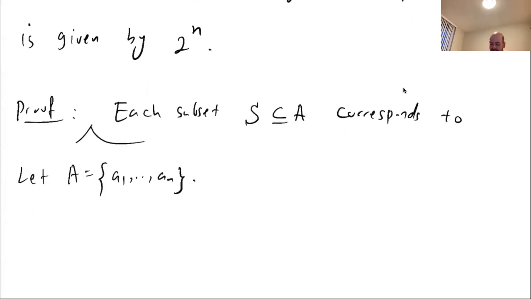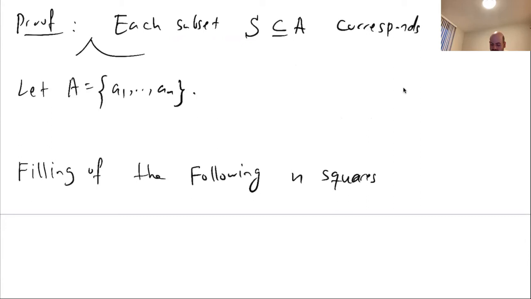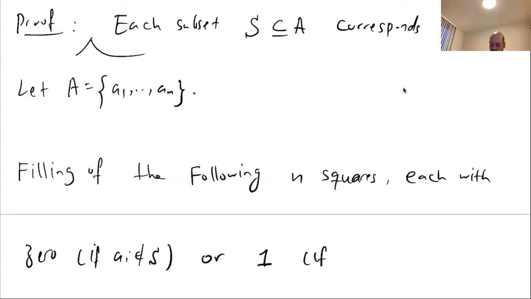Each subset S of A corresponds to filling of the following n squares, each with 0 if AI does not belong to S, or 1 if AI belongs to S.